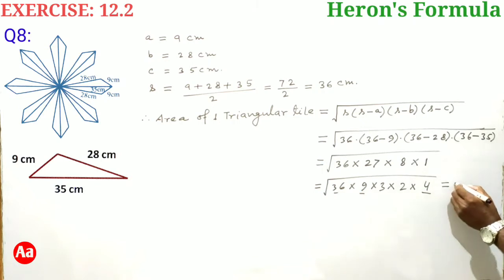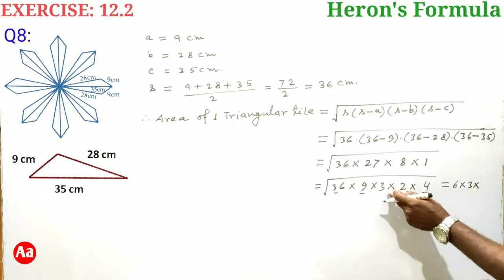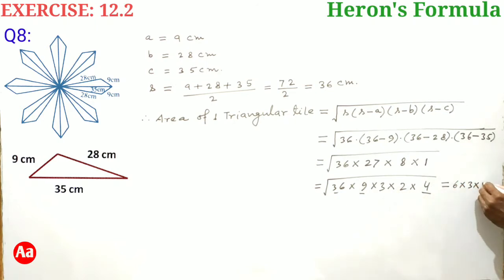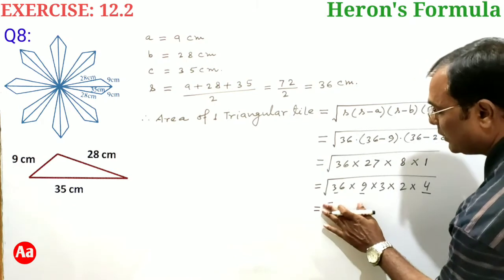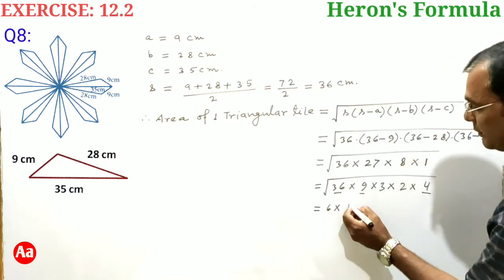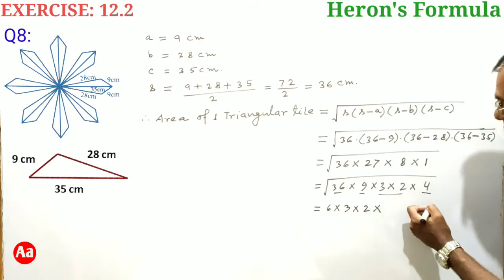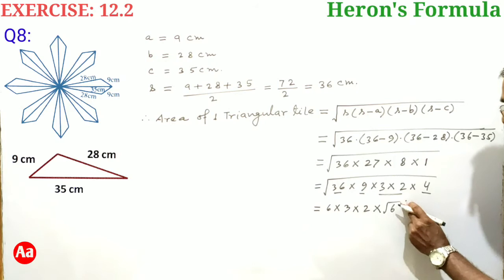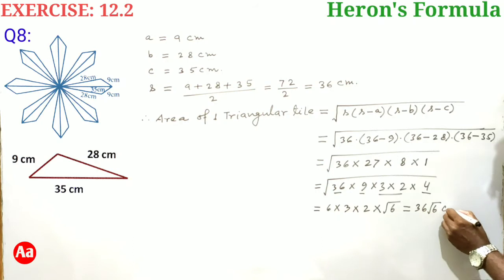So the square root of 36 is 6, the square root of 9 is 3, the square root of 4 is 2, into 3 into 2, that is root 6, which is equal to 36 root 6 centimeter square.